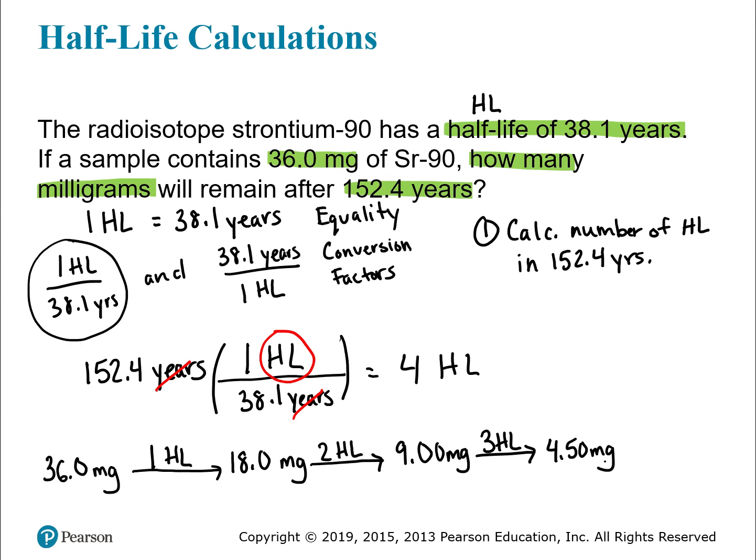And notice that I'm keeping 3 significant figures the entire way, because that's what we started with in our sample amount. 36.0 milligrams has 3 sig figs. For our final half-life, half-life number 4, you divide 4.50 by 2. And that is our final answer.